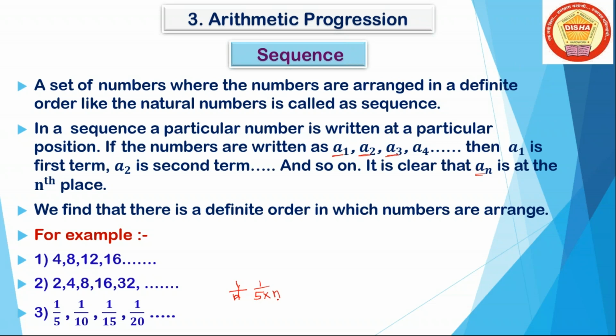First we take n equal to 1, which gives 1 upon 5. Then we multiply by 2, giving 1 upon 10. Then by 3, giving 1 upon 15 and so on. Here the numbers are arranged in a definite order and a definite position is given to all those numbers. All these are examples of a sequence.